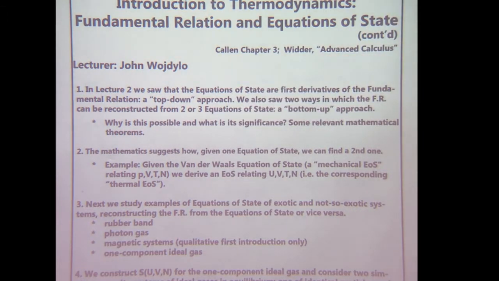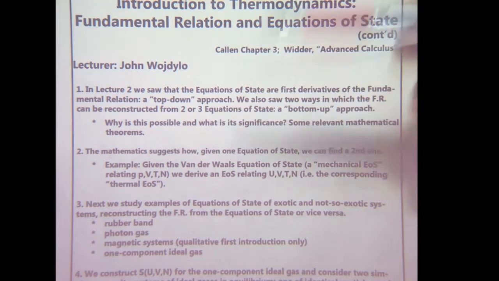Right? So if you have this picture clear in your mind, then you have a roadmap for the calculation that you're doing. You know, for example, that if you're working with equations of state, you're going kind of bottom up to get an overarching fundamental relation. So you know the purpose or the direction of your calculation.